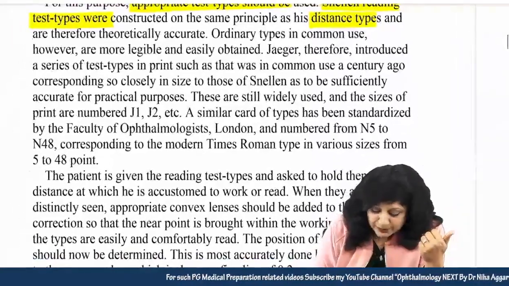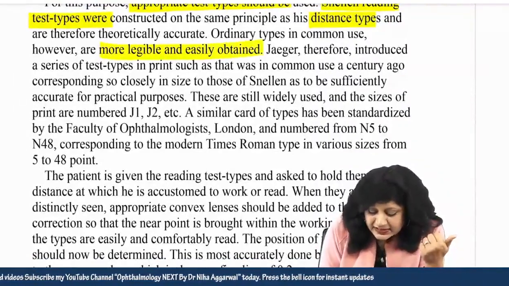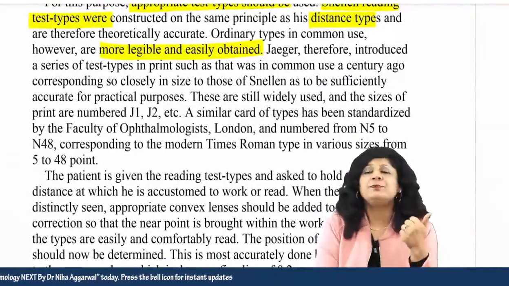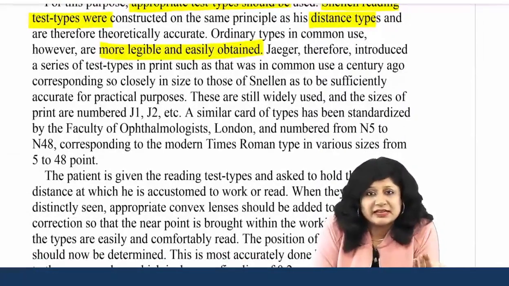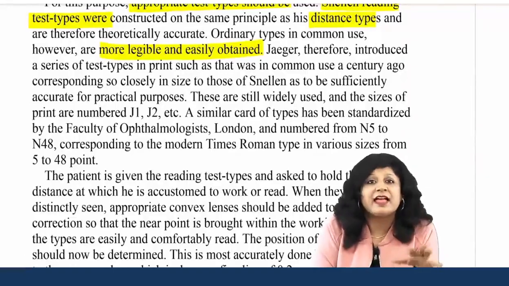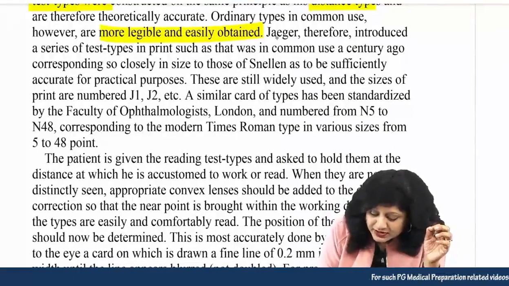So what is happening? Ordinary types we are using, they are more legible and they are easily obtained also. Therefore, you will notice that in near vision usually we are not using the Snellen's chart, but actually it is there and it is very accurate. So in the near ones, what we are using is the Jaeger.